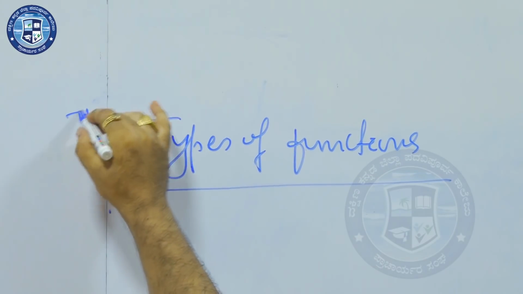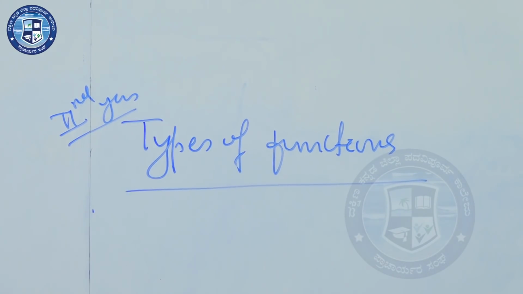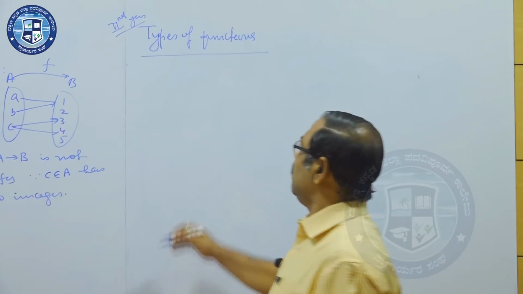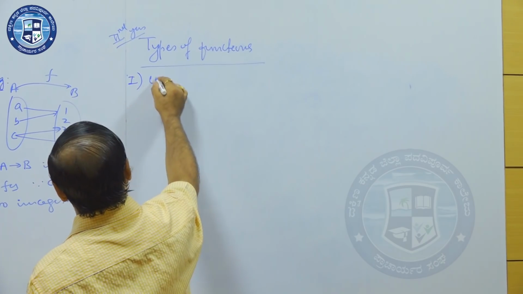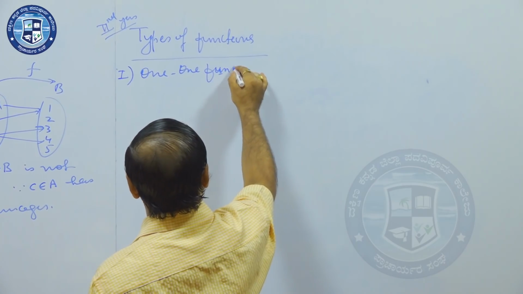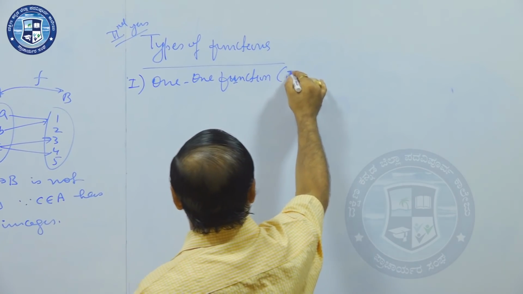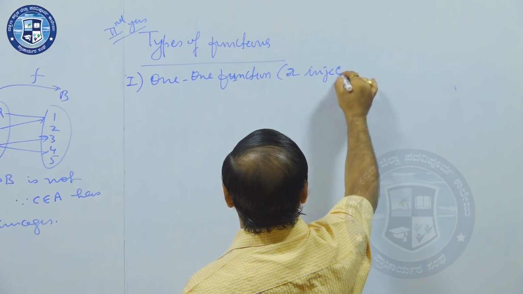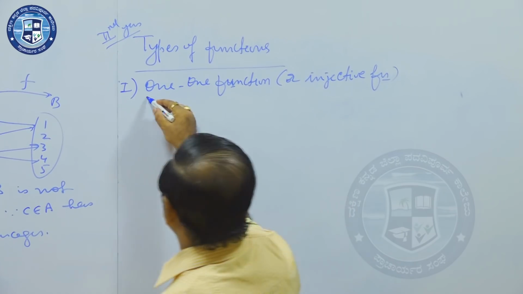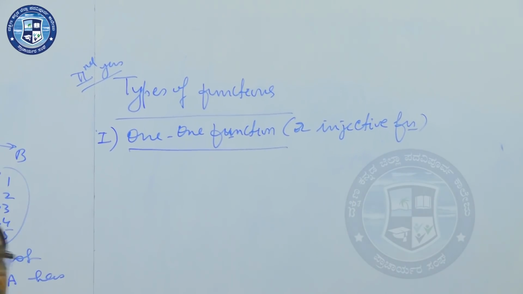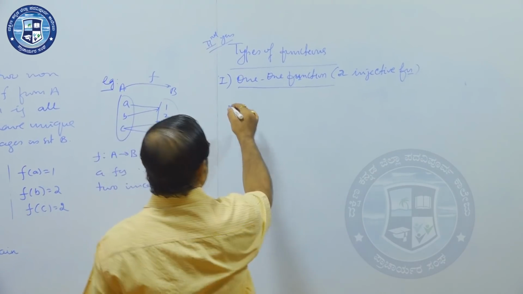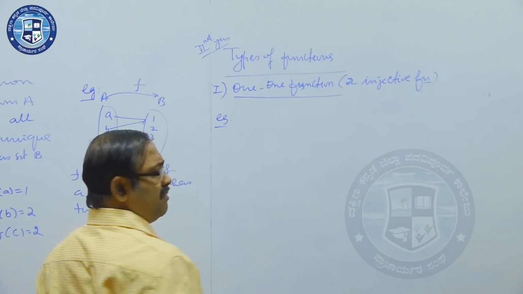See, this is our second year, so we have to study different types of functions. First one, that is the one-to-one function, or injective function. I'll give you one example, then I'll give the definition.